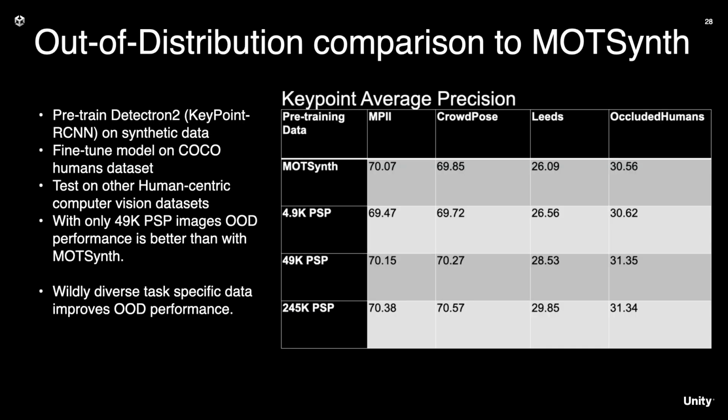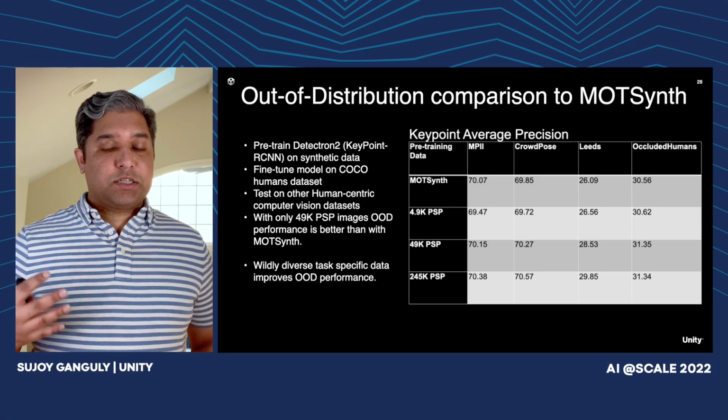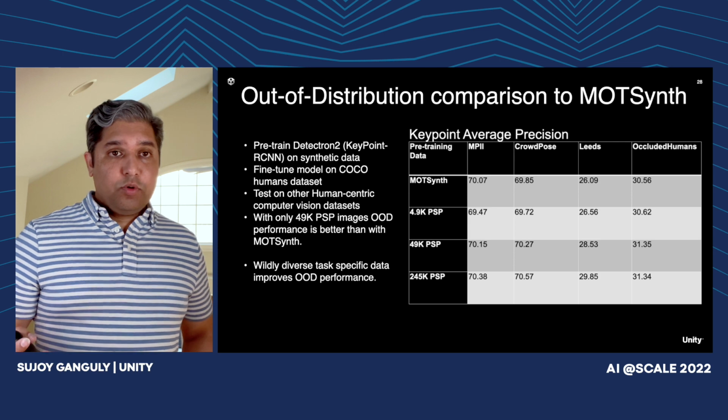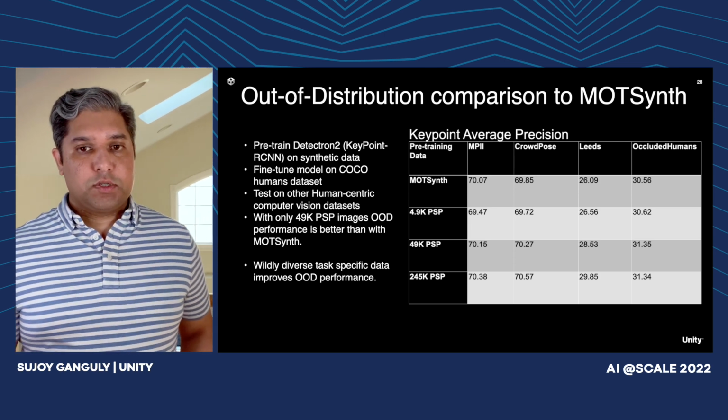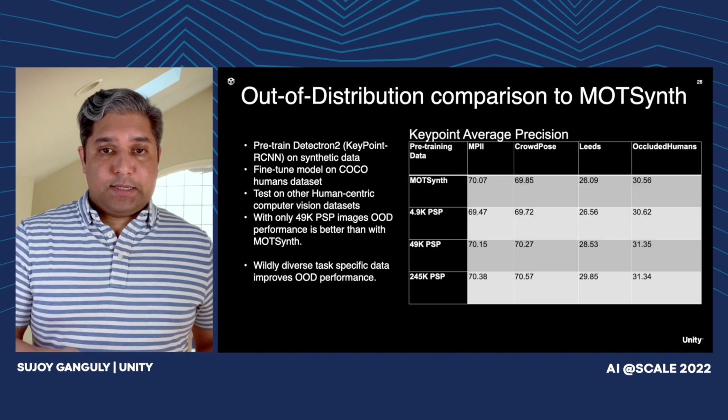We can also see that if we compare our wildly diverse human-centric data to MOTSynth, which is again very structured and task-specific, our wildly diverse data actually outperforms in generalizing as well. So wildly diverse data that is task-specific seems to improve the generalization of models compared to very structured or specific data sets.